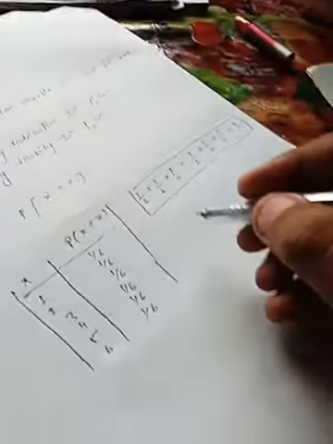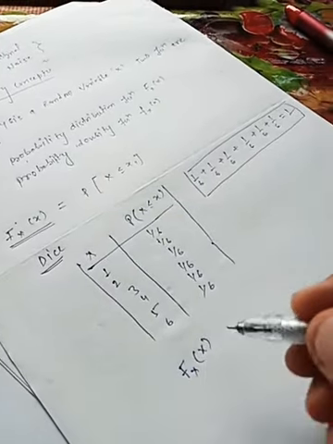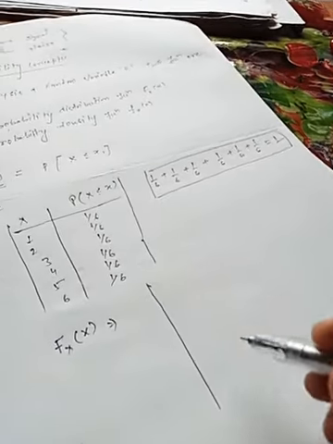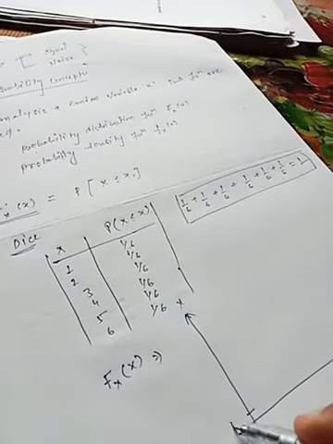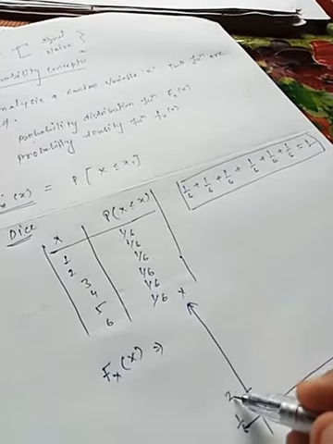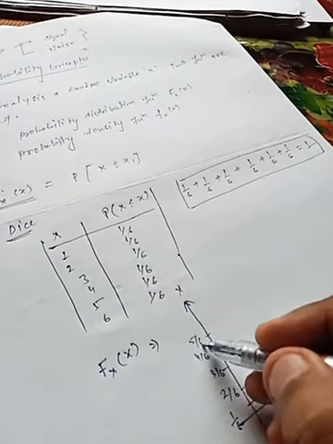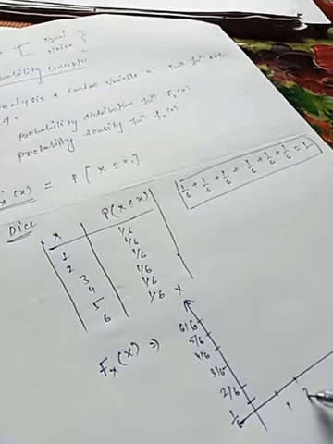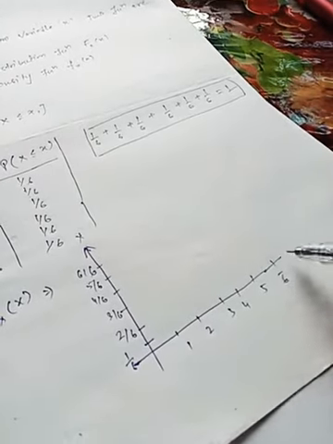Then how to draw the probability distribution function? This is random variable x, with 1 by 6, 2 by 6, 3 by 6, 4 by 6, 5 by 6, 6 by 6 on the axis, and 1, 2, 3, 4, 5 and 6.